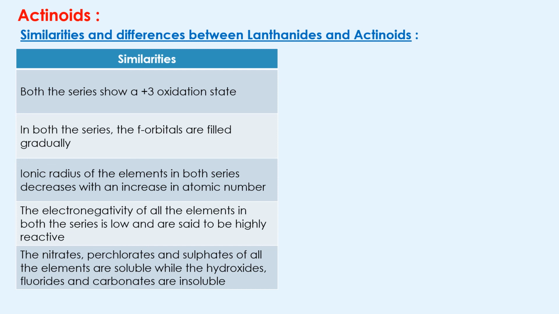The electronegativity of all these elements in both the series is low, and they are said to be highly reactive. The nitrate, perchlorate and sulfate of all these elements are soluble, while the hydroxide, fluoride and carbonates are insoluble.